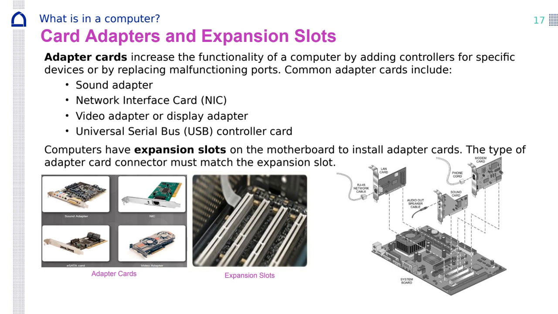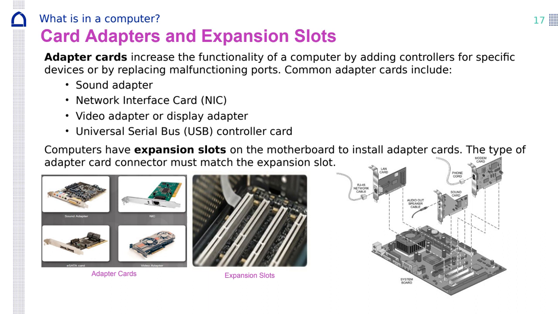Then we have also card adapters or expansion slots. If you have a computer and you want to make the graphics faster, then you buy a graphic card, for example. Then you install it on the motherboard. Where do you install it on the motherboard? In the expansion slot. So the card is called adapter card, or maybe we have network card.